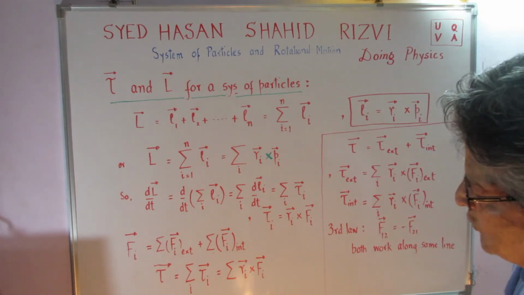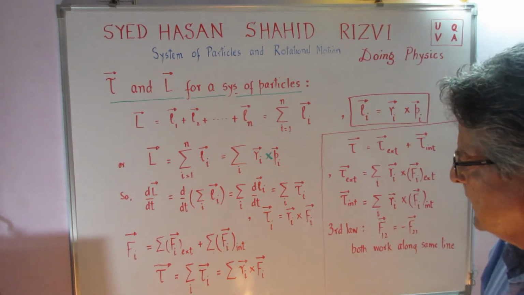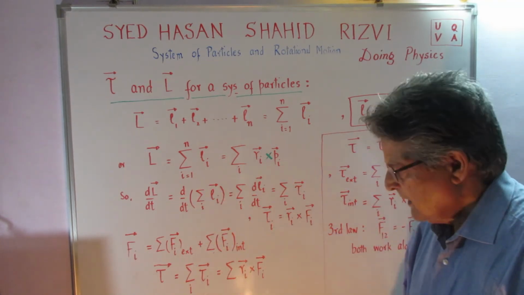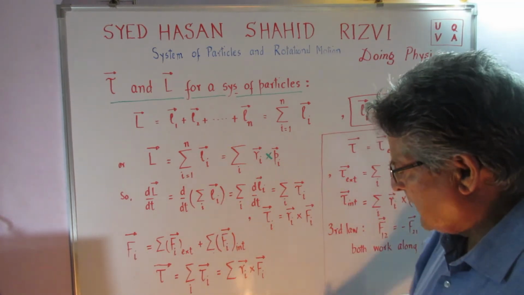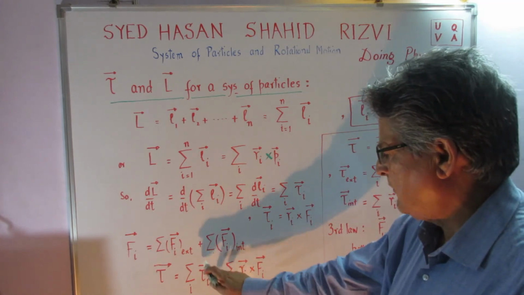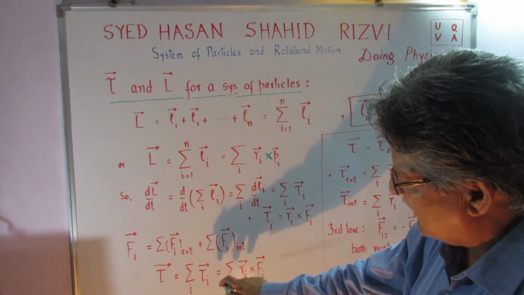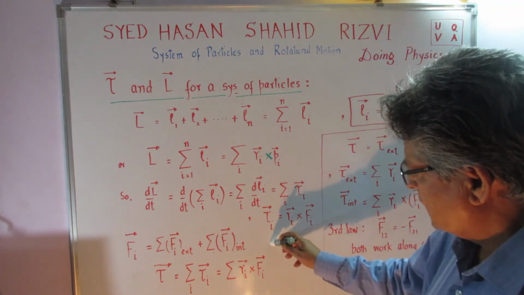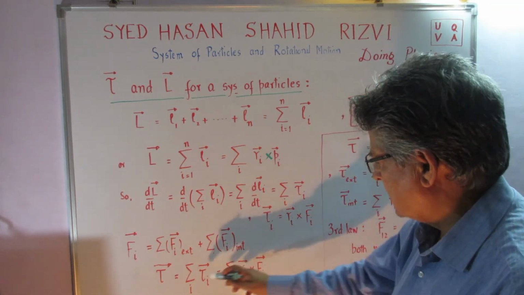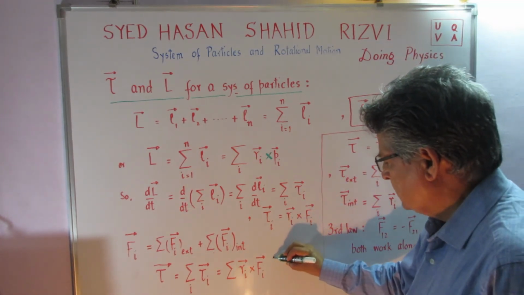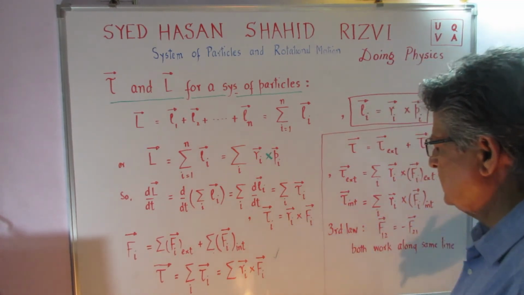So now I can write the total torque, equal to the summation of all the individual torques, torque 1, torque 2, like that, which turns out to be like this.